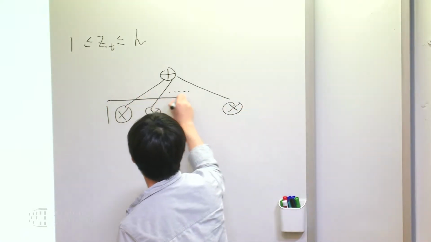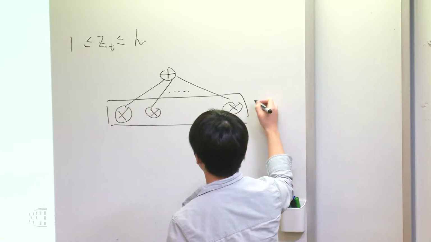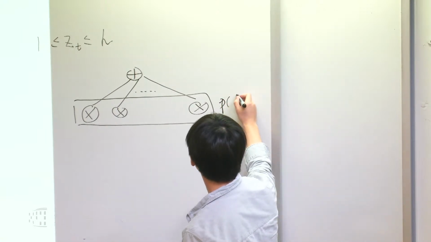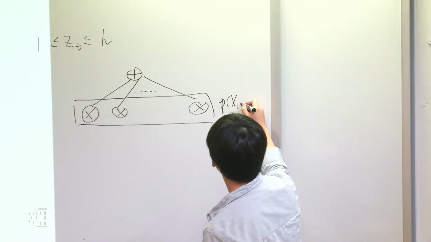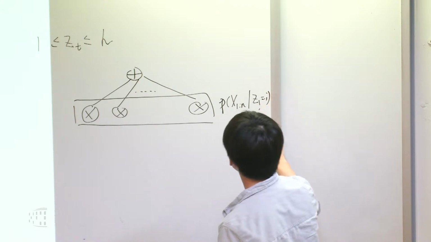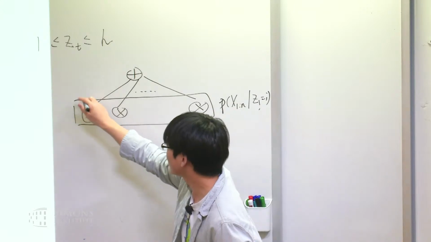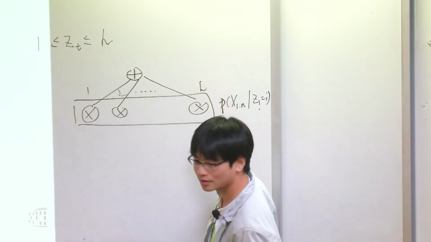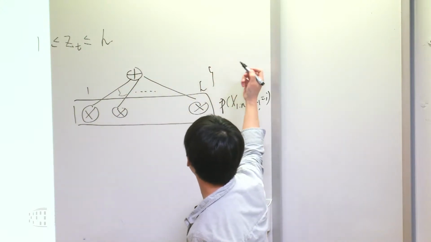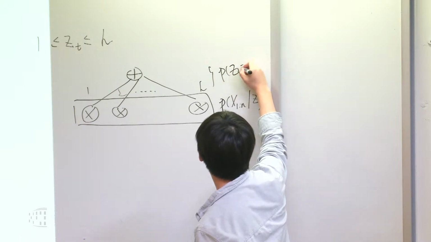We want these h product nodes to represent the probability of x1 to n, conditioning on z1 equals i, where i is the hidden state. So this will be 1, 2, up to h. And the edges will have weights of the prior distribution on z1.